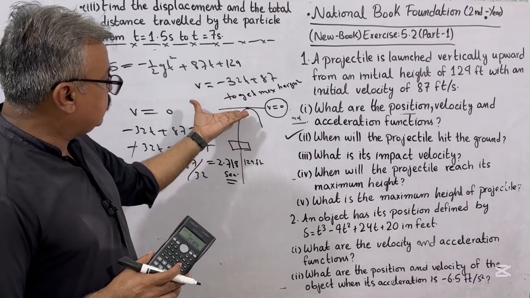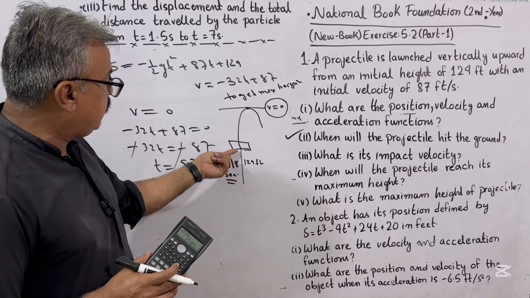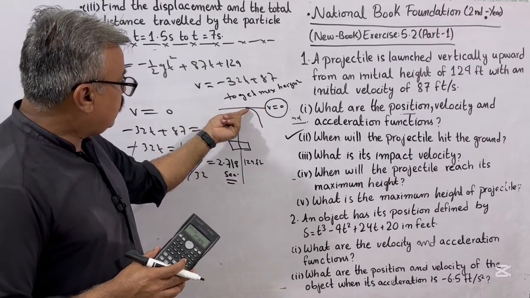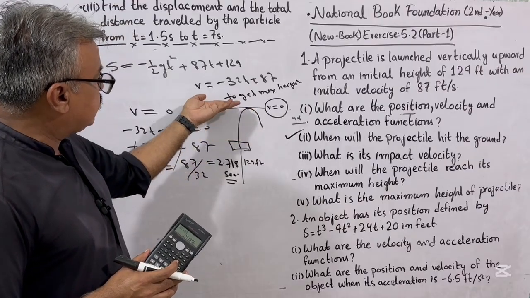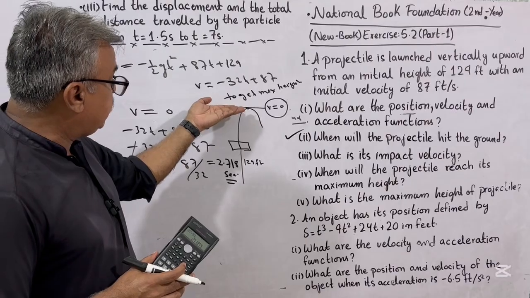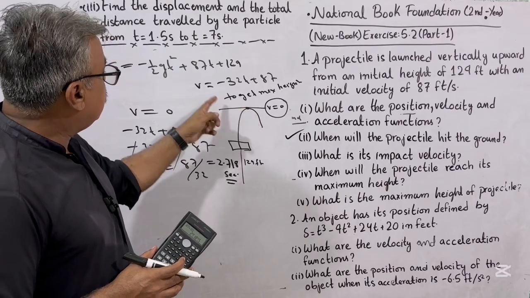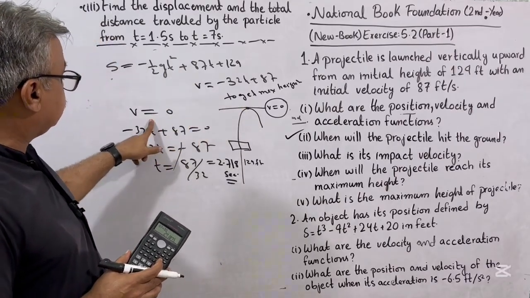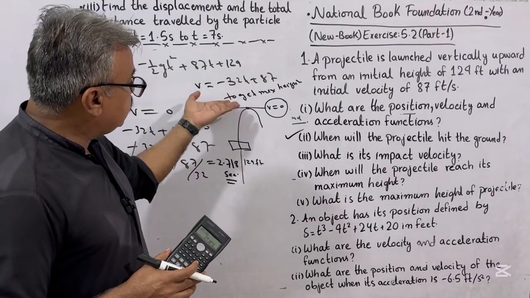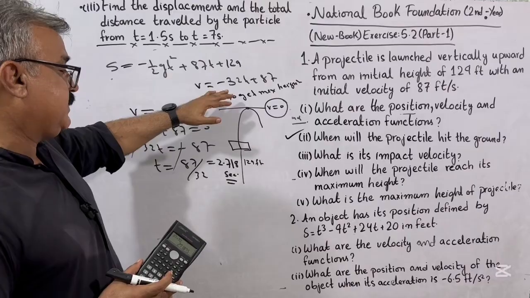When velocity is zero. The projectile is launched from 129 feet high, and when it reaches the maximum height, its velocity is zero, at that very instant. We put velocity equal to zero and calculated the time. It is the time when the projectile reaches its maximum height.